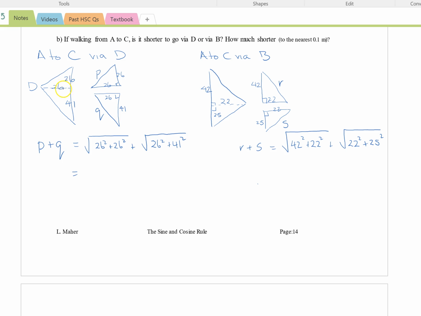So you can see that I have redrawn the overall diagram and broken it into two sections.